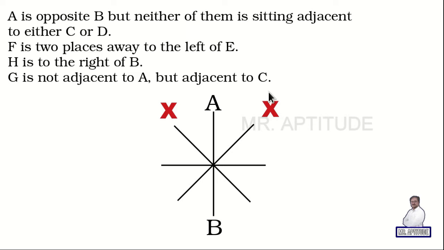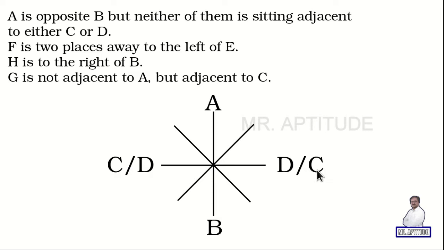In the same way, C and D should not sit next to B either. So we cannot place C and D even in these two places. So they are the only two places we are left with. Among which, as we cannot predict whether it's C or D, let it be this way. When it's C, it's D. When it's D, it's C. So we are done with one of the conditions.